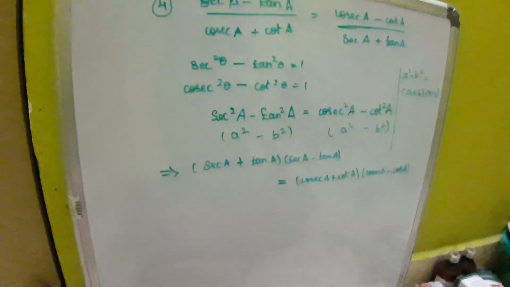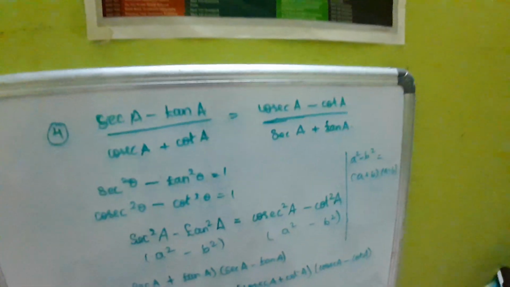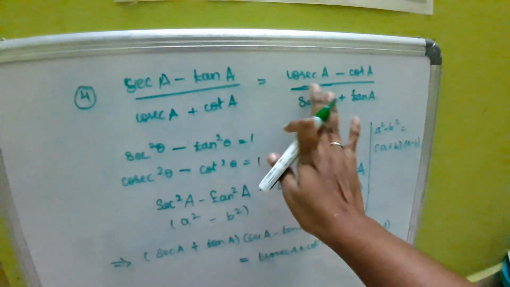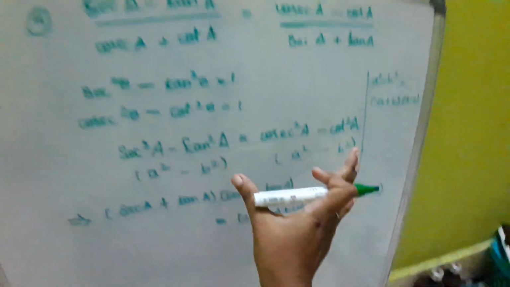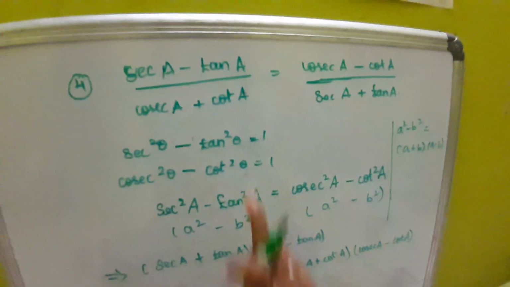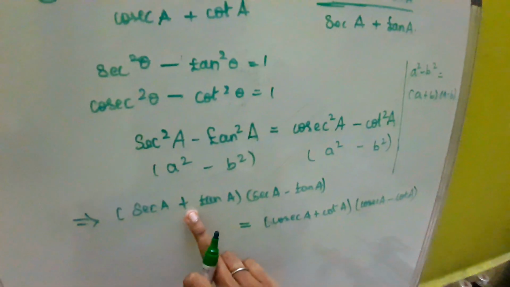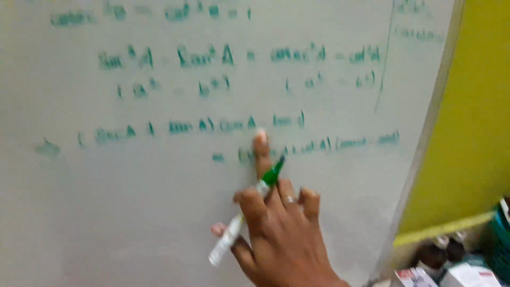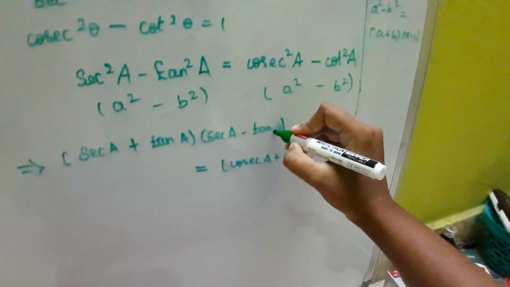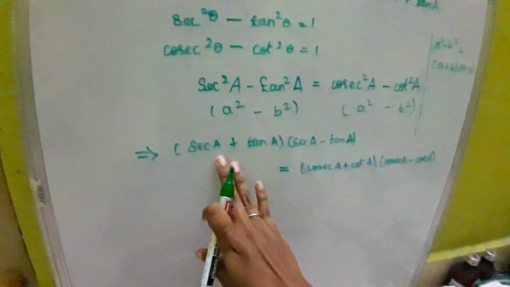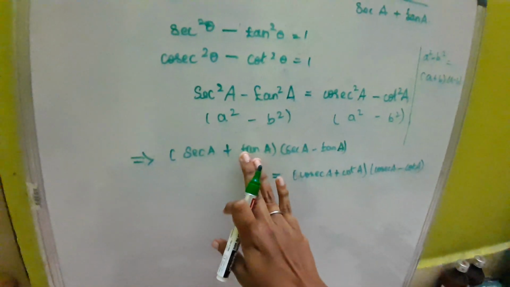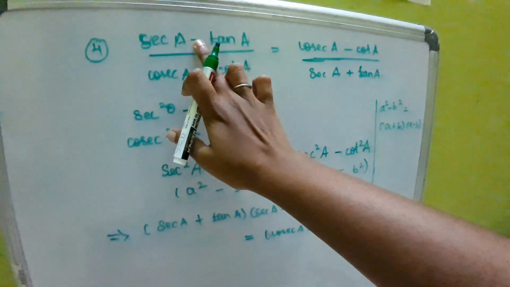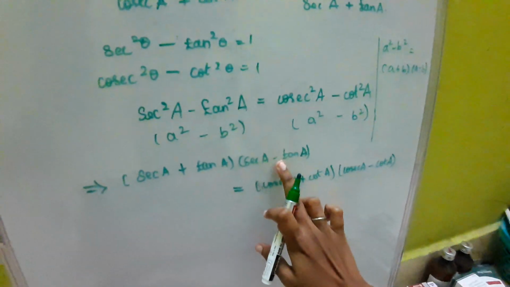Now seeing the RHS and LHS, see how the question is and what we need to prove. There is secant A minus tan A in the LHS, so keep secant A minus tan A here itself, and just move secant A plus tan A from LHS to RHS, because in the question the LHS numerator has the minus.